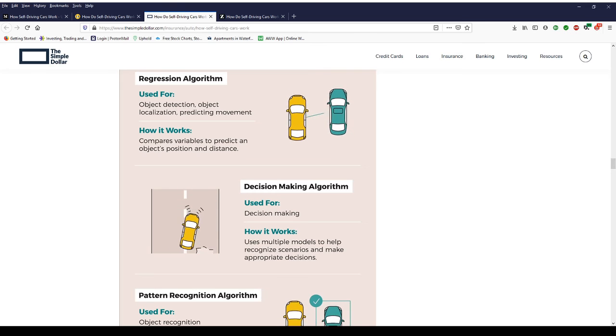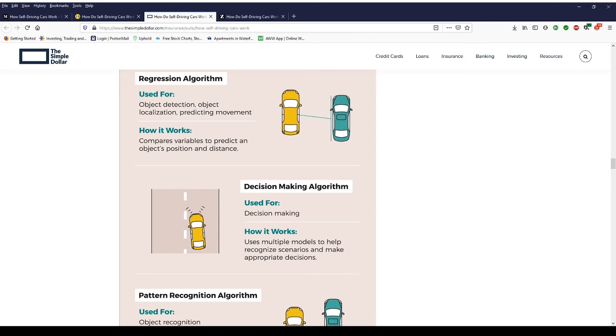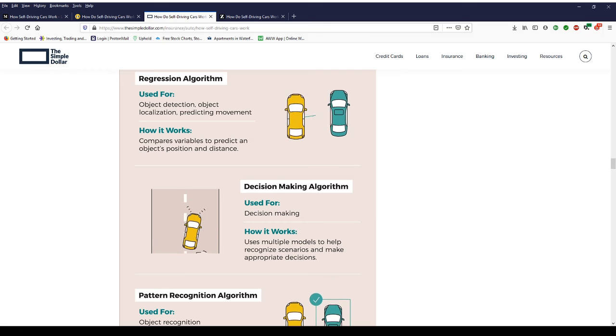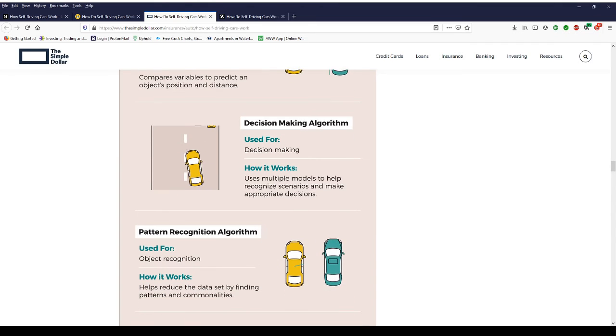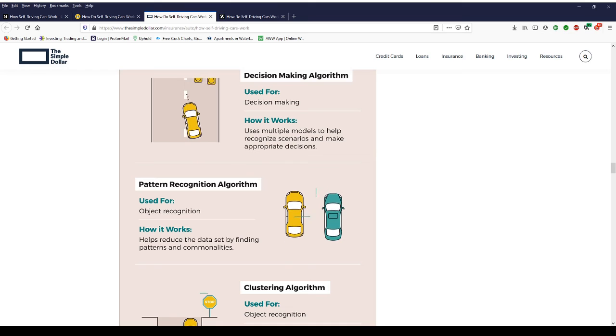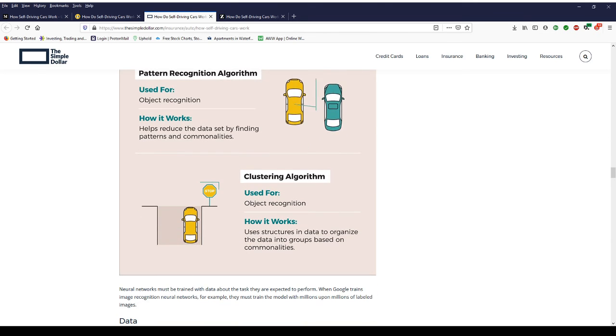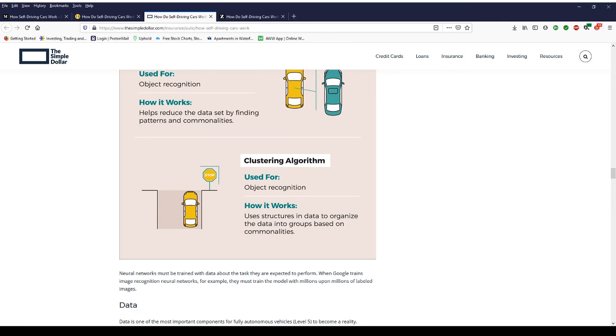Do we need to change lanes? Do we need to turn right or left? Do we need to stop? All those decisions become very difficult once we are driving on the road. So we need decision-making algorithms. For this, machine learning is very useful. Machine learning is being used broadly nowadays in the self-driving car industry.